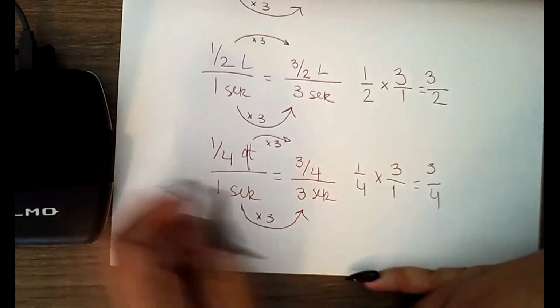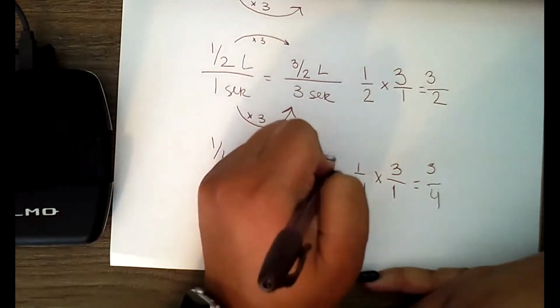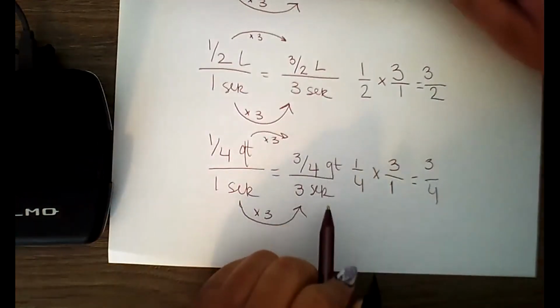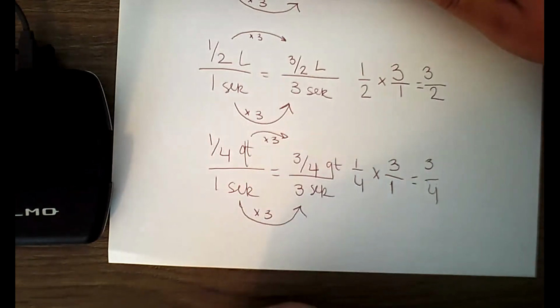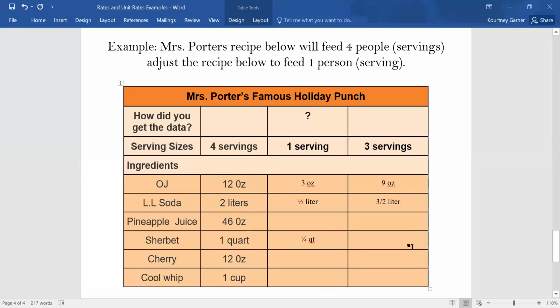That means for 3 servings, I need 3/4 of a quart. So then I'm going to go back to my table, and right here in this row, I'm talking about sherbet. I'm going to put 3/4 of a quart.